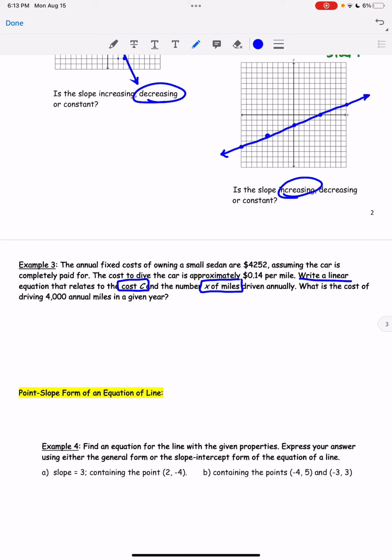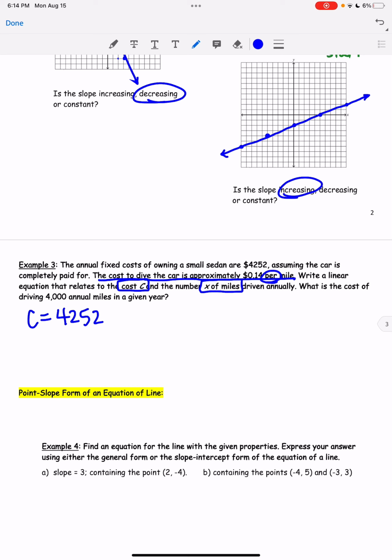So first, we just need to write a linear equation. So here, we're trying to find that equation as it relates to the cost. So my cost equals, well, it says the annual fixed cost of owning a small sedan is $42.52. And it says the cost to drive the car is approximately 14 cents per mile.